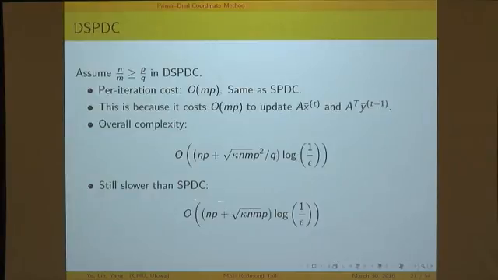It is still slower than SPDC, because the SPDC has an additional P over Q term here, and P is larger than Q. That means in general, the SPDC is slower than SPDC. Okay? So that may not be good news.